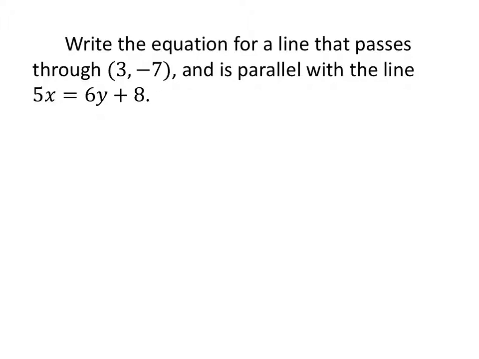A parallel line has the same slope, so we will know what the slope is, and then we are going to plug in the point 3, -7 into y equals mx plus b to solve for b, and then we'll have what we need to know for the equation of the second line, the parallel line.